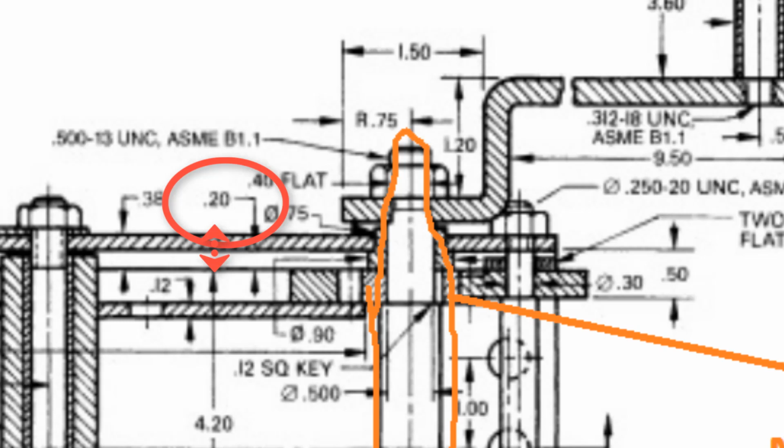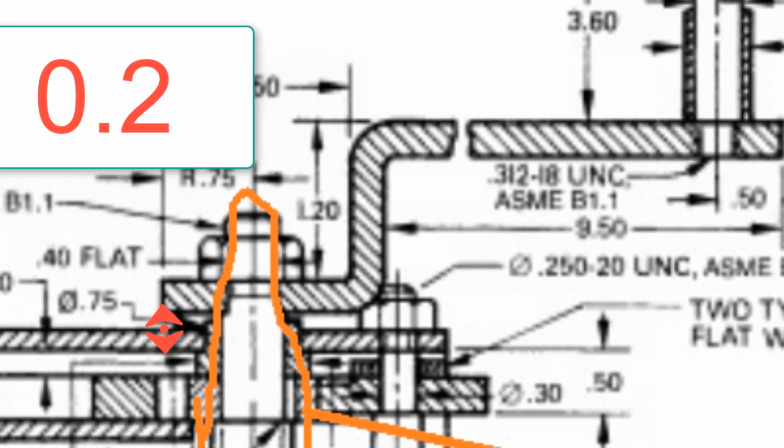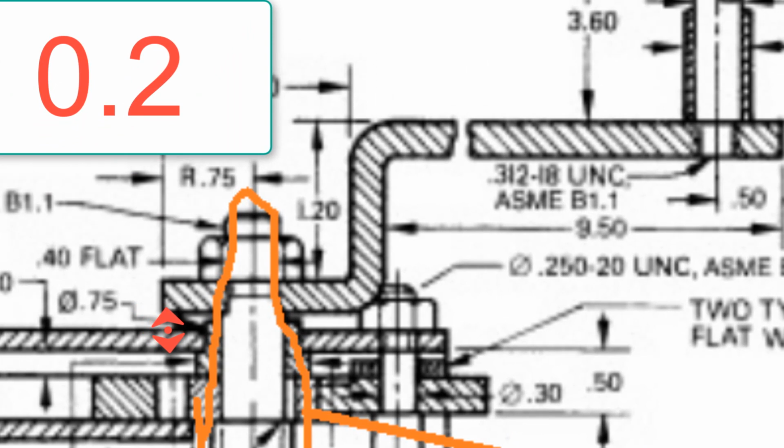Also, the thickness of our body part is 0.188. From that point, the dimensions are not very clear. If you want, we can just add 0.2 inches from the inside wall of our body part to the bushing side.